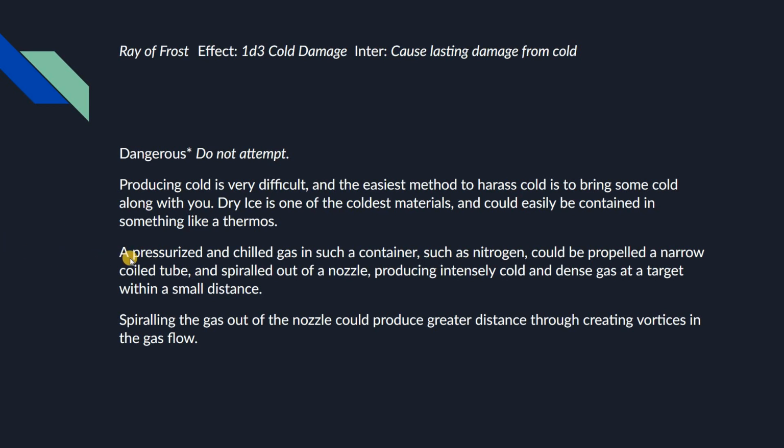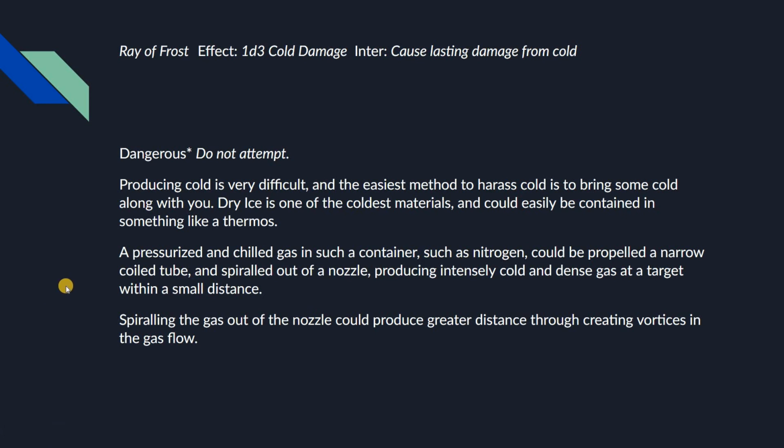And so you could use pressurized and chilled gas contained within the dry ice container, and it could be nitrogen potentially, and that could be propelled in through a narrow tube, coiling through the chamber also, and spiraled out of the nozzle, and would produce intensely cold and dense gas at a target within a small distance.